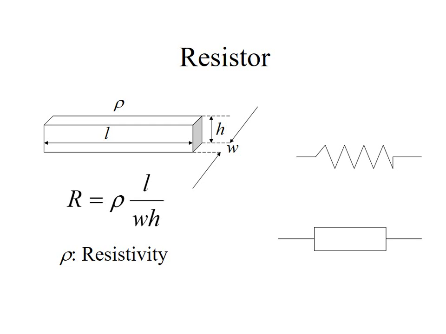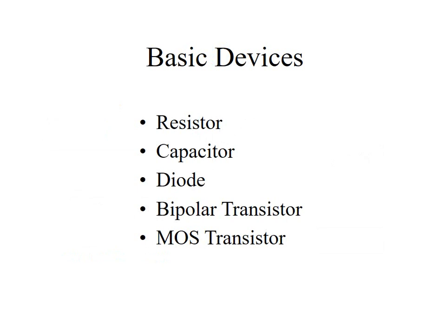Today we'll continue in Chapter 3. The new sections will discuss the so-called basic devices. These devices include resistor, capacitor, diode, bipolar transistor, and MOS transistor.